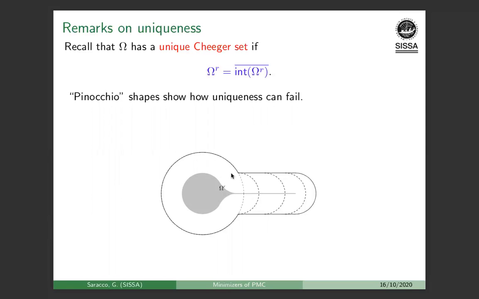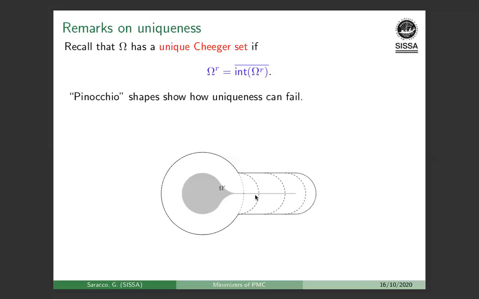Consider this first dashed line, not the one of the ball, but the first one inside. This guy is a Cheeger set in itself, and is a Cheeger set in the whole set.